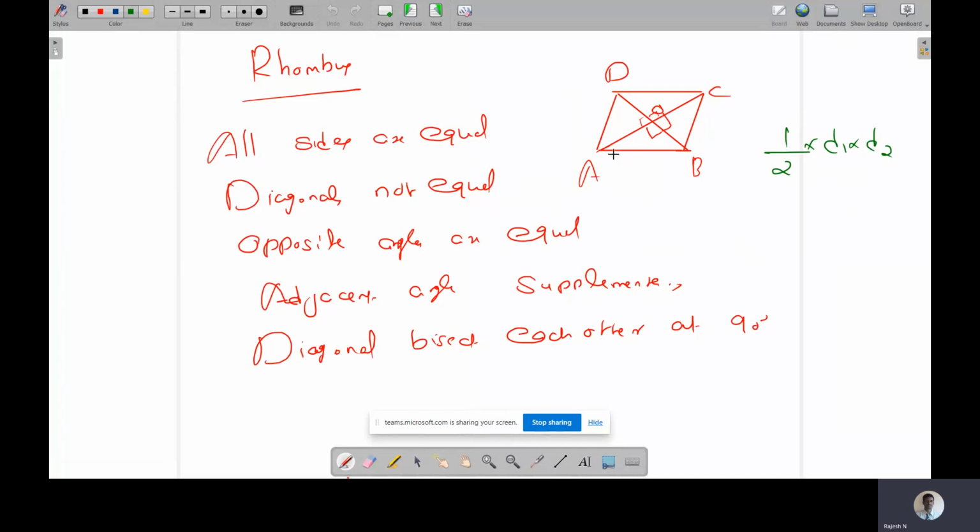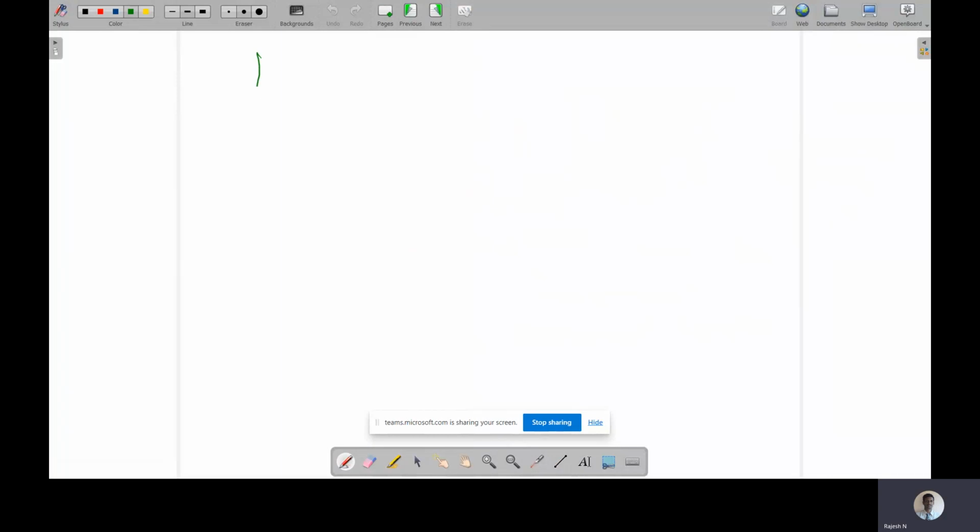In a rhombus, if all angles are 90 degrees, then we will call it a square. So you can come from a rectangle to a square. If a rectangle is a square, all sides should be equal. If a rhombus is a square, then all angles should be 90 degrees.